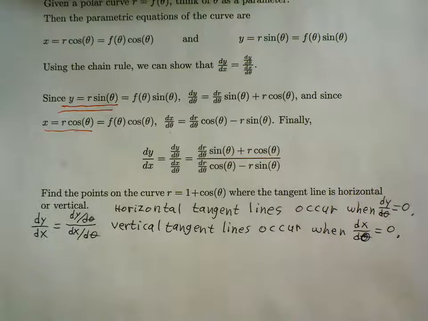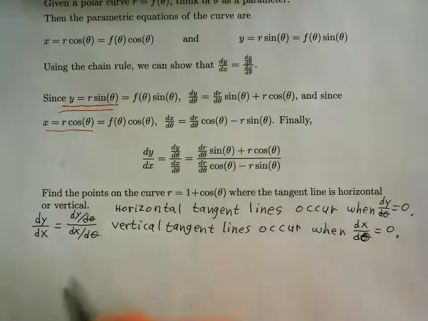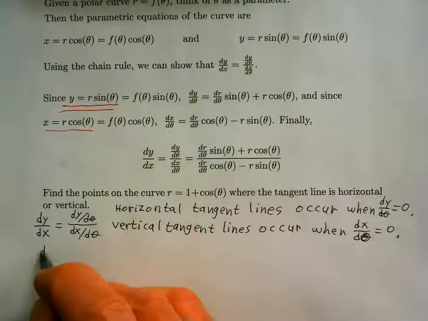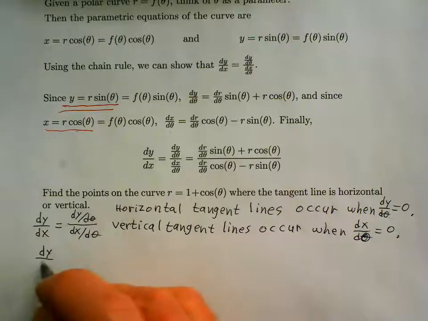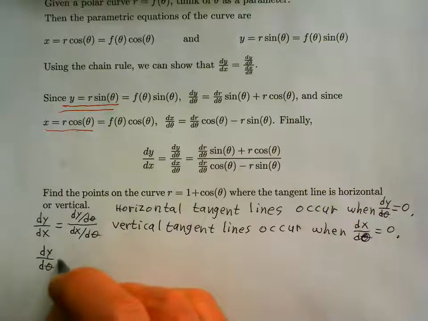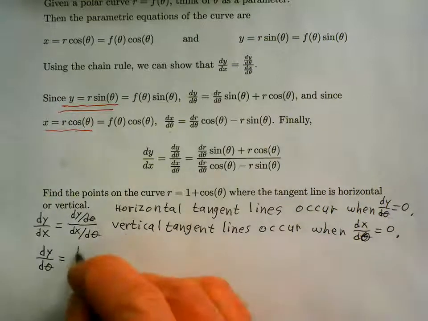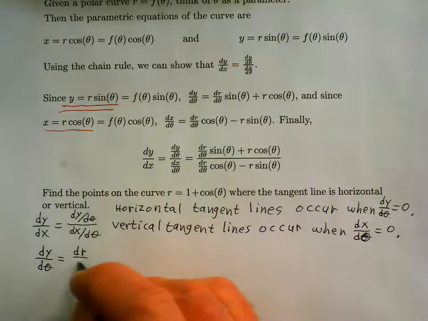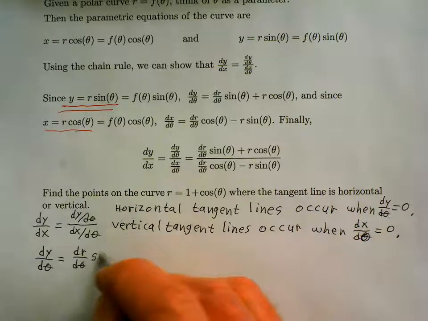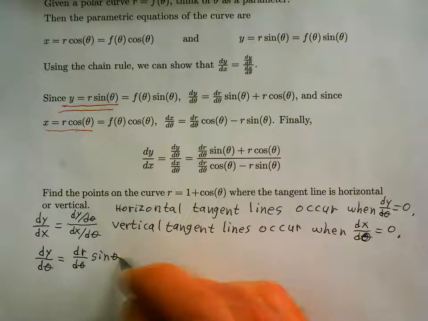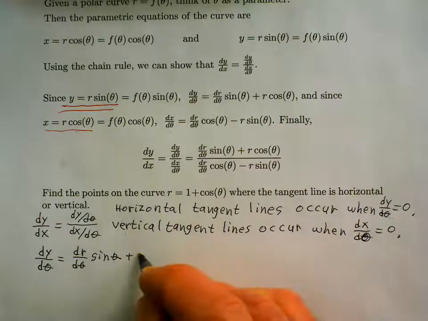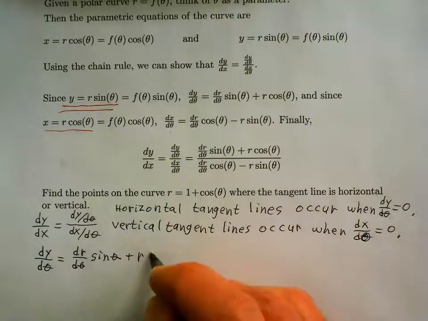Okay, so first let's focus on the horizontal tangent lines. So the formula for the derivative of y with respect to theta is the derivative of r with respect to theta times sine of theta plus r times the cosine of theta.